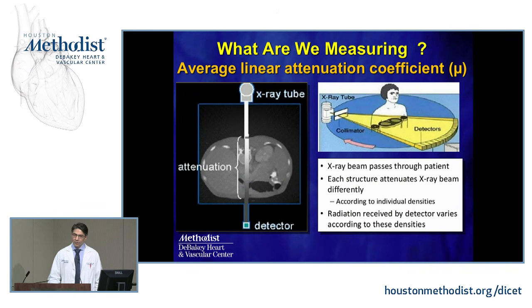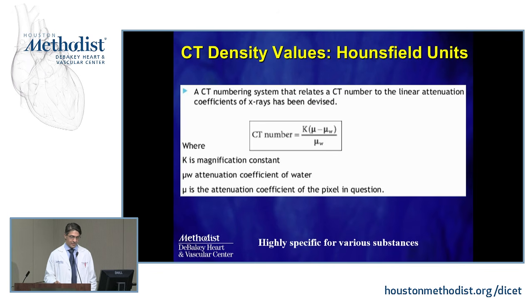X-ray is emitted from an X-ray tube, goes through the patient, and is detected by a detector. What are you actually measuring? You're measuring an attenuation coefficient. Different structures in the body will attenuate X-rays differently, and what eventually gets to the detector is a linear attenuation value.